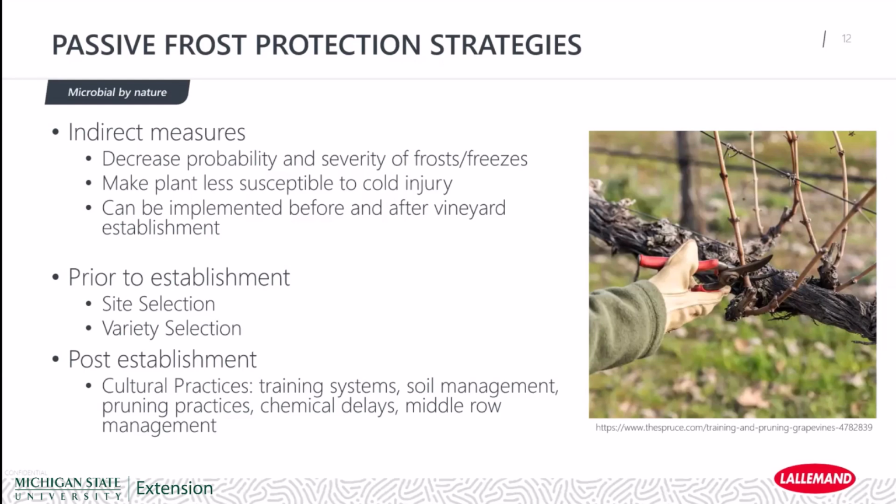So these could be like your trellising system, your training system, soil management, nutrient inputs, pruning practices, adding chemicals, middle row management, disking, your cover crop. There's a lot of different things that can happen once the crop is already in. But we do consider most of these to be passive protection strategies.